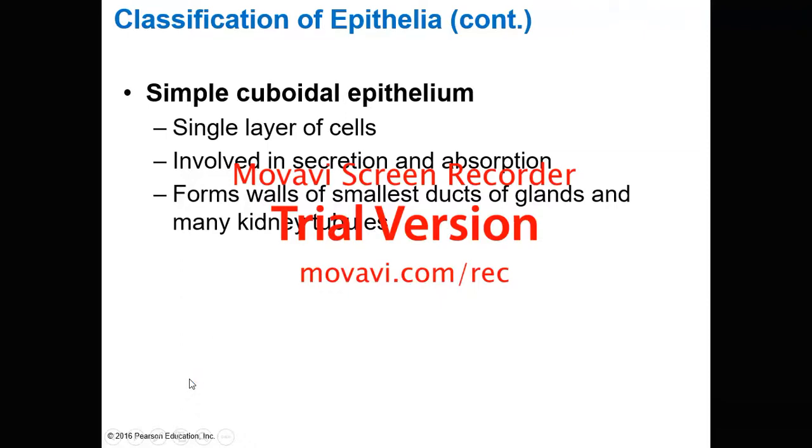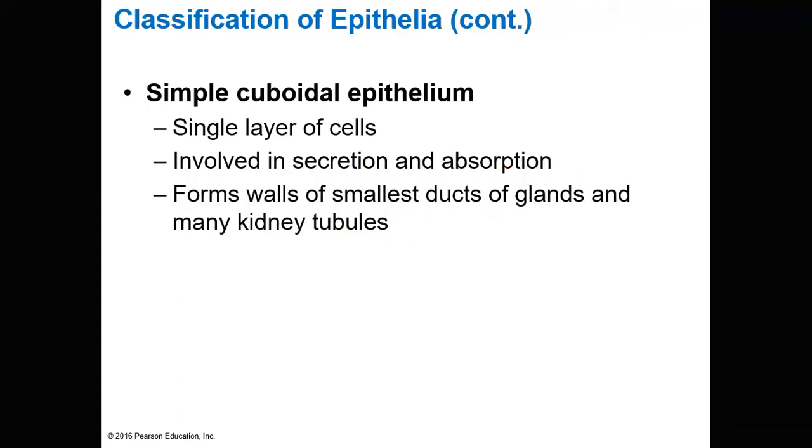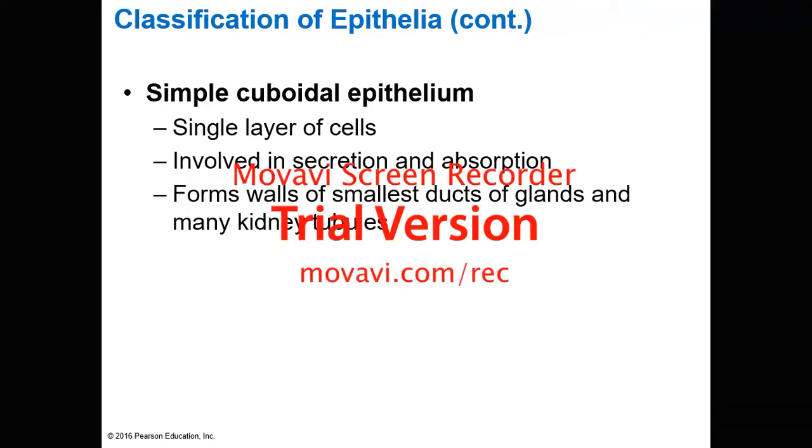All right, so simple cuboidal epithelium is a single layer of cells, but these are cube shaped. Your cuboidal shaped cells are going to be involved in either secreting something or absorbing something. So these are what you find in your glands and in many kidney tubules.